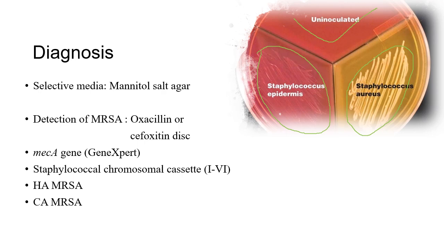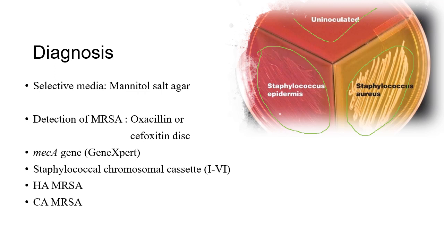Now the other important thing is that Staphylococcus aureus is not only a successful pathogen, but it is also developing resistance to a lot of antibiotics. And one very important criterion which we use is the ability to be resistant or susceptible to oxacillin.